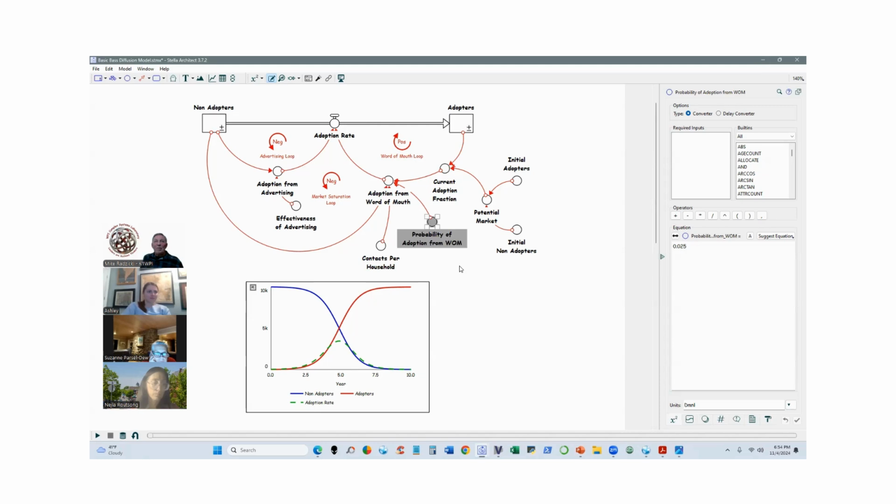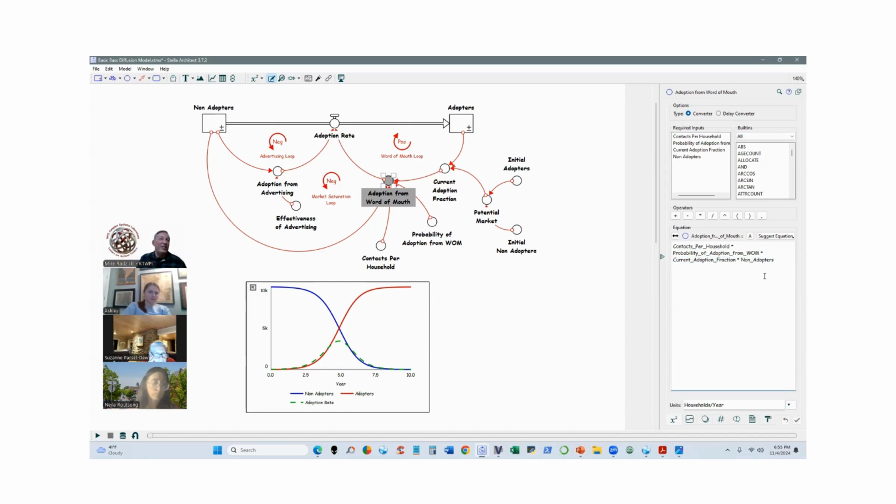Okay. So we have a positive loop. The more adopters there are, the more there will be. We have a negative loop because this box is just draining, right? When it's gone, it's gone. And it's basically the two effects that are involved here. Now, the model is nonlinear, right? Because you get the current adoption fraction, which is adopters over adopters plus non-adopters, times non-adopters.